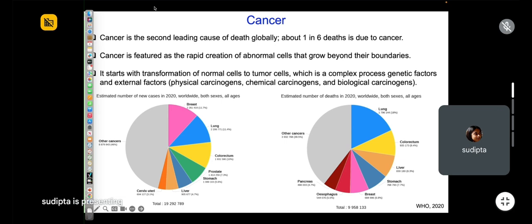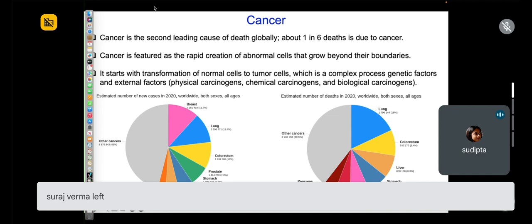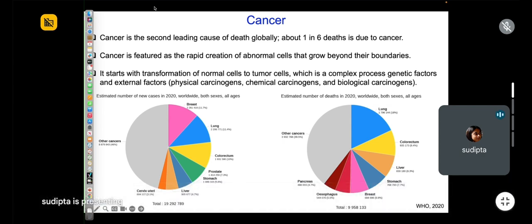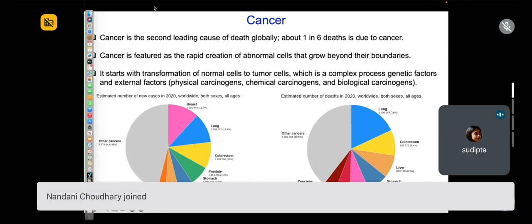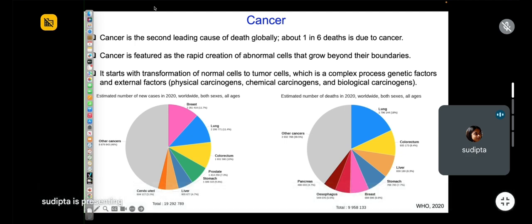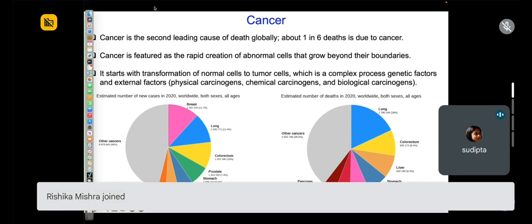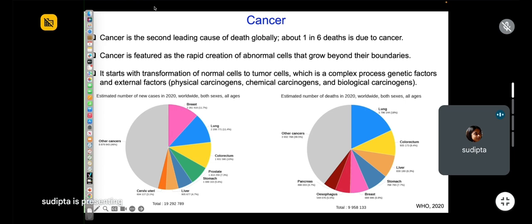How it happens is that normal cells in our body are transformed into tumor cells, and it is a complex process that I will get through. Those changes cause uncontrolled growth. In normal cells, what we see is that they grow for some time and then are restricted. That's why we, as multicellular organisms, keep a particular shape, with organs and everything functioning properly.